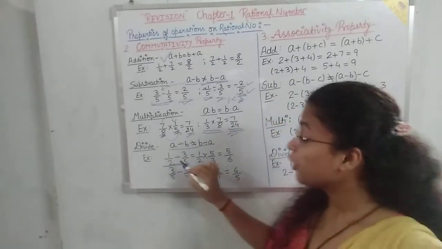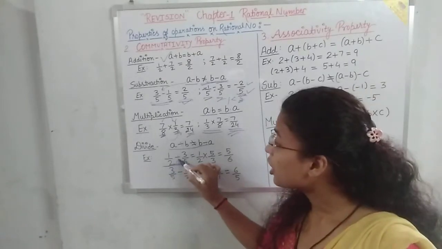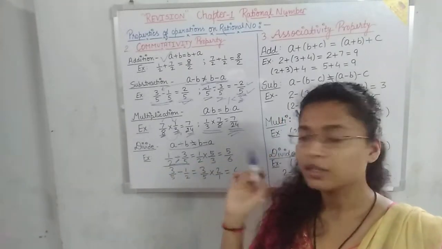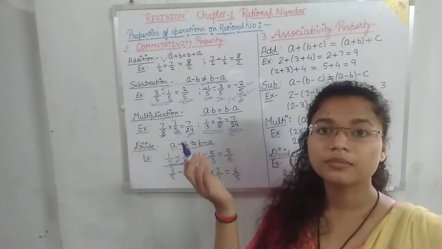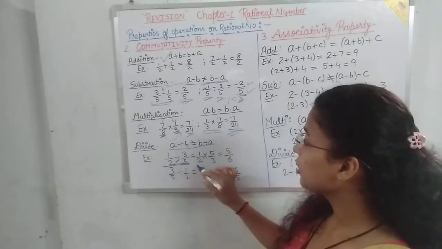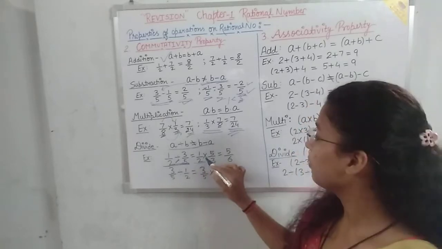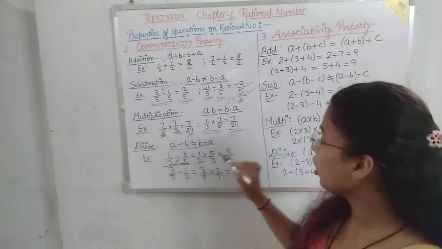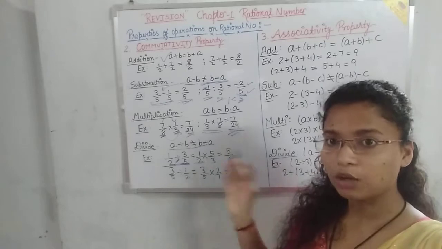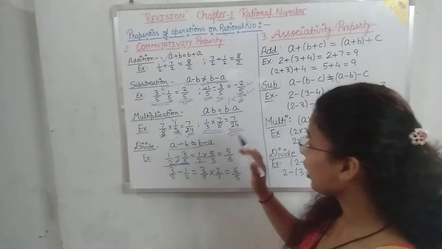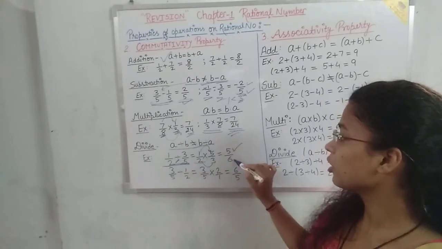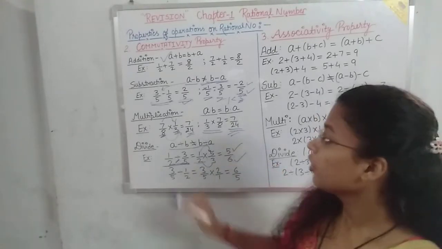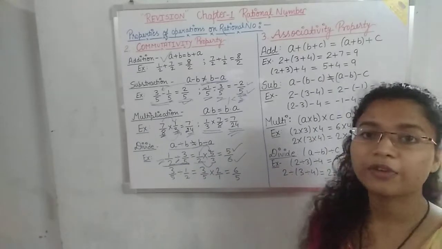When you change the sign of divide into multiply, the rational number will become its reciprocal, which means 1 upon 2 will be as it is, multiply, and this will become the reciprocal, 5 by 3. Now you just easily multiply it. Multiply the numerators, you will get 5, and multiply the denominators, you will get 6. So when you solve this, you will get 5 by 6.